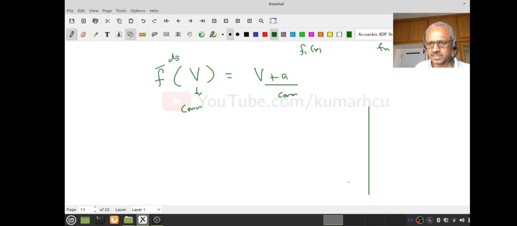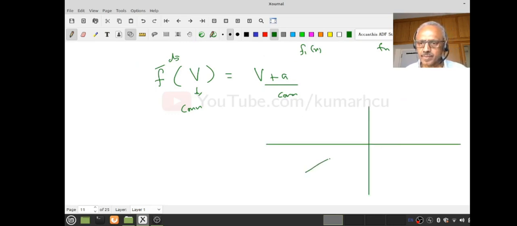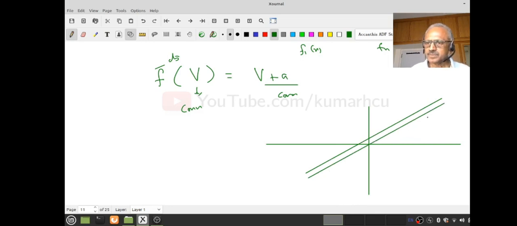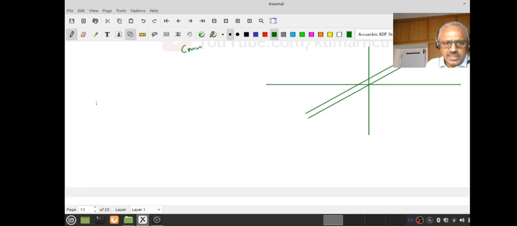Let us look at the picture. This is my V, this is my V plus a. This is a vector subspace and this is a translate of that. That's going to be connected. So in the case of R3, what does it mean?